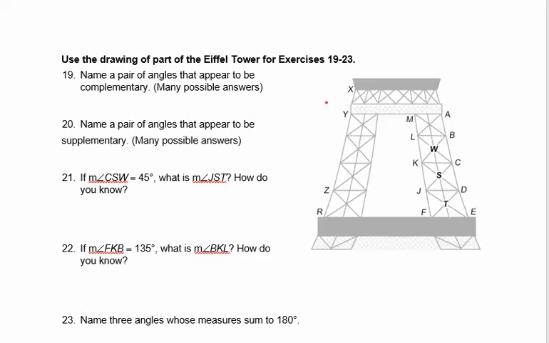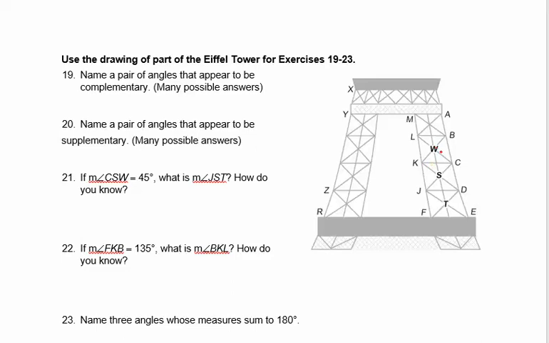This one has many answers, number 19 and 20. 19 is name a pair of angles that appears to be complementary. Well, complementary means they add up to be 90, which is a right angle. So look for somewhere that looks like a right angle here. It's not marked a right angle, but let's say right here looks like this could be a right angle.